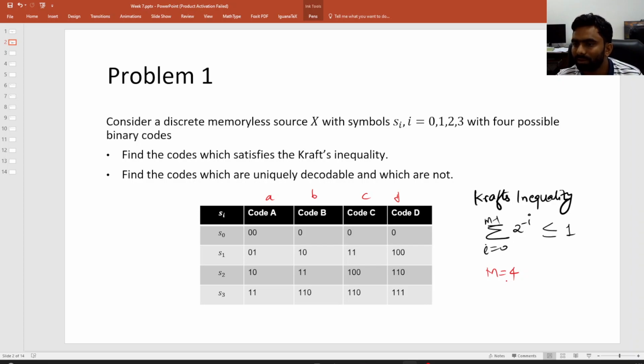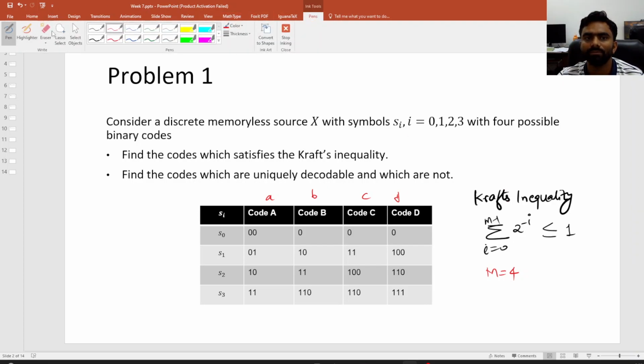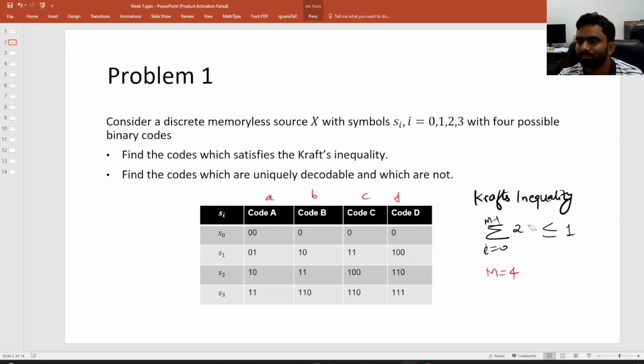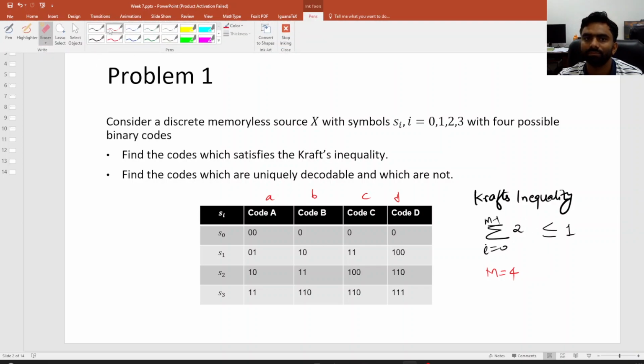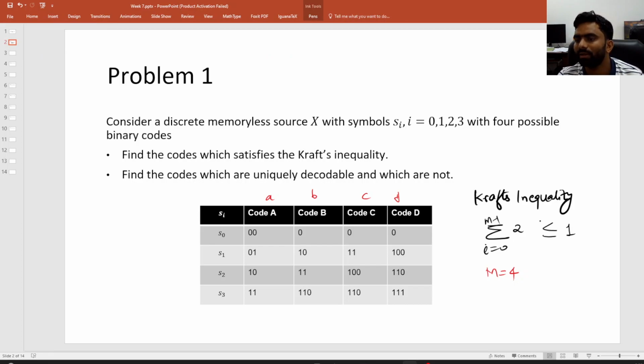Sorry, one thing I have written wrong, the notation. It should be 2 raised to minus of the code lengths L1, L2, L3 up to L of m minus 1. It is actually length.